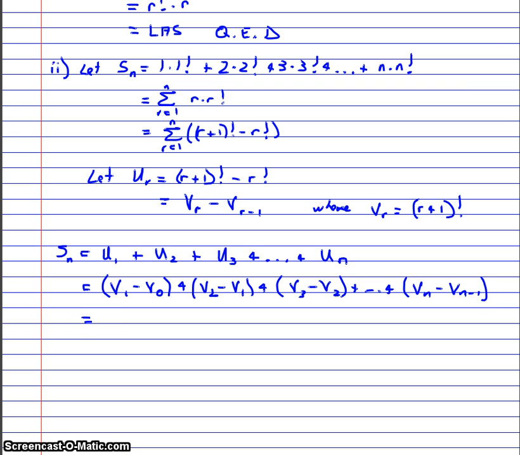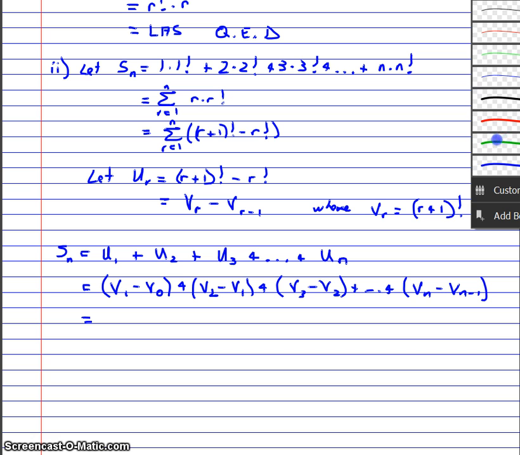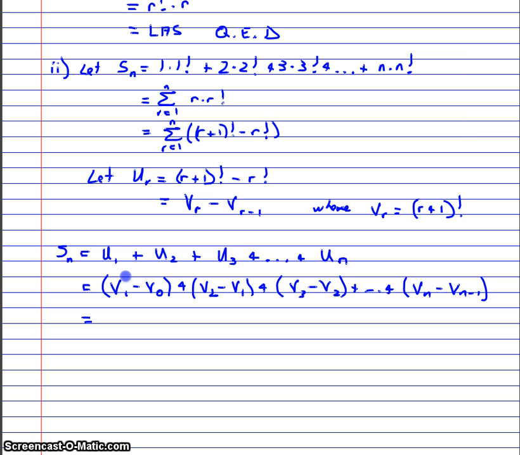Okay, we can see that there's going to be some cancelling. The V1 cancels with V1 here, so the first with the last of the next. V0 will not cancel, and V2 cancels, and we'll see that V3 will also cancel with the next one. What we'll find is that Vn will not cancel, but V(n minus 1) will.